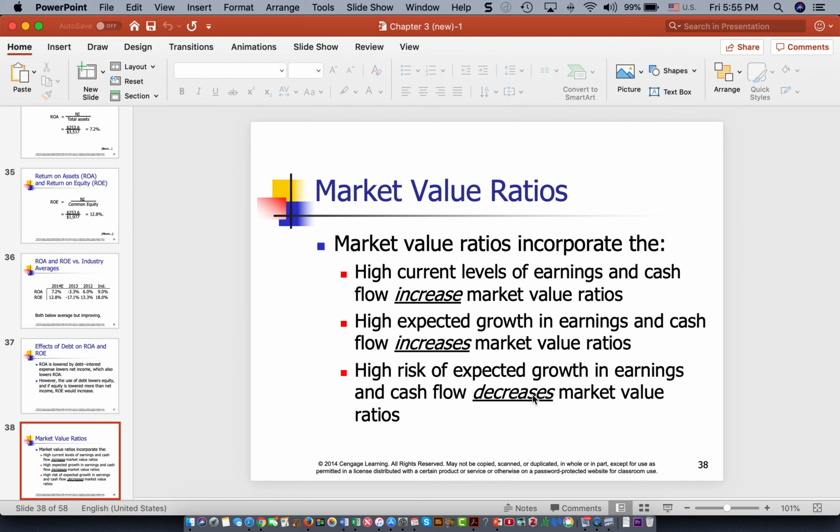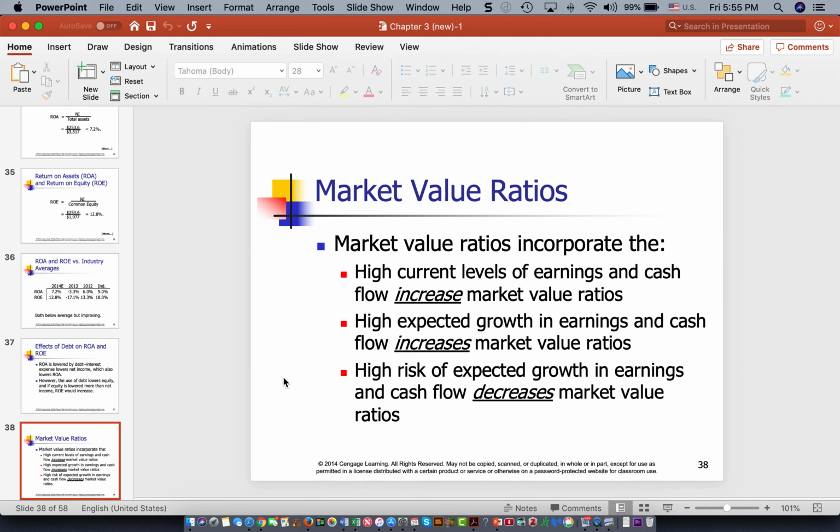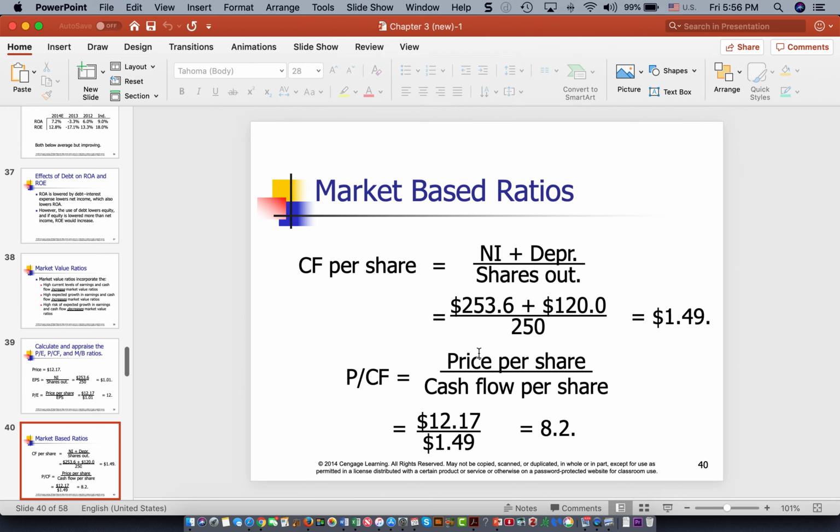Market value ratios are the two ratios compared. We have the price earning ratio, price cash flow ratio, and market book ratio. For price earning ratio, you divide the price per share by earnings per share, and earnings per share is obtained through net income over shares outstanding.